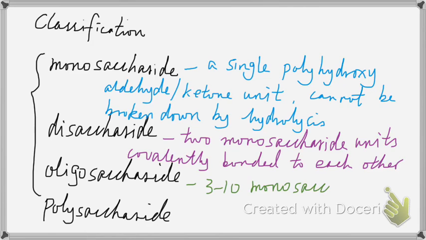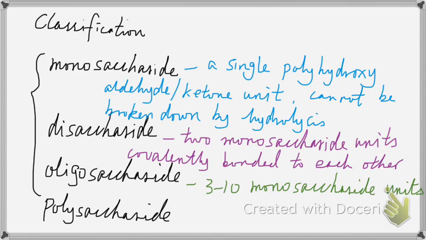For oligosaccharides, there are 3 to 10 monosaccharide units covalently bound to each other. Oligo means a few, right? So this a few generally is 3 to 10. Oligosaccharides are associated with proteins and lipids, so they have structural and regulatory functions.